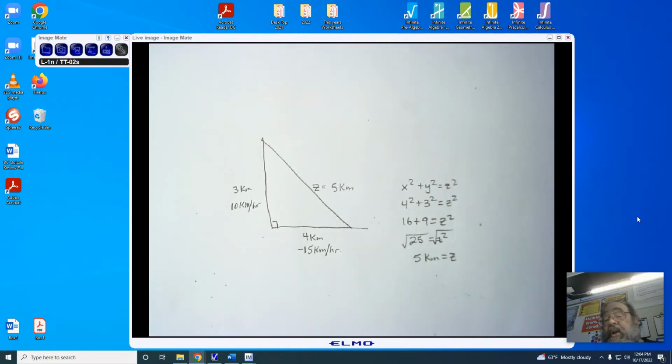So our first question can be answered very quickly. The distance between the two ships is 5 kilometers when ship A is 4 kilometers from Lighthouse Rock and ship B is 3 kilometers from Lighthouse Rock.